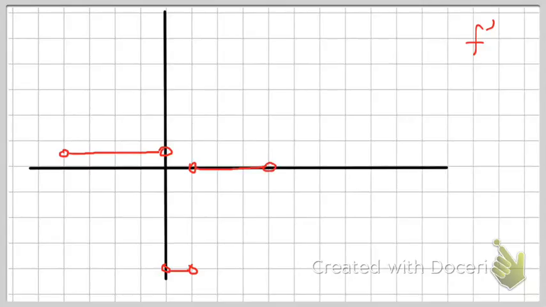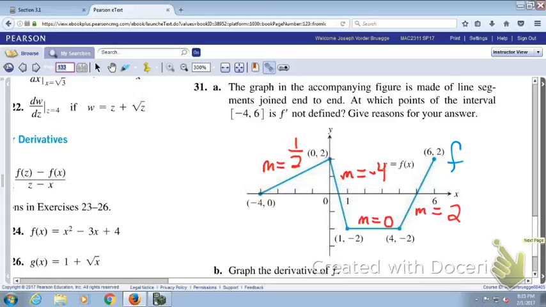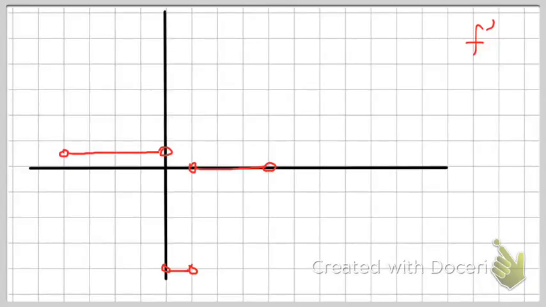So from 1 to 4, your derivative graph is a constant 0. Is that okay? And then at 4, what happens? The slope jumps to 2, and we have a constant 2 out to 6. So this is what the graph of the derivative looks like for that function.